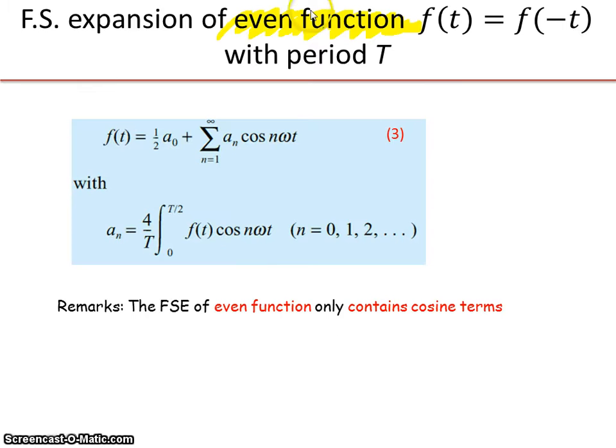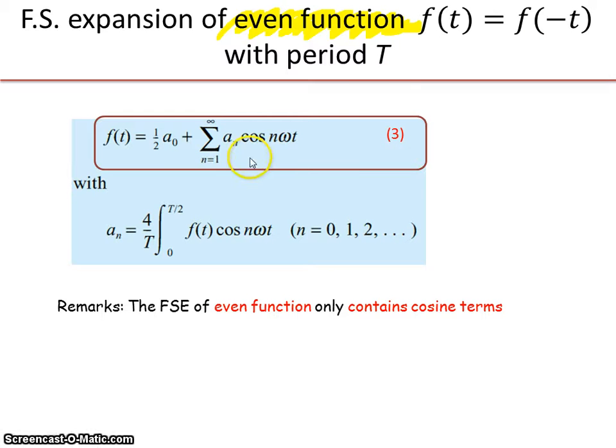First, if we consider an even function, when f(t) equals f(minus t) with period T, the Fourier series expansion is f(t) equals half a naught plus the summation of an cos n omega t.